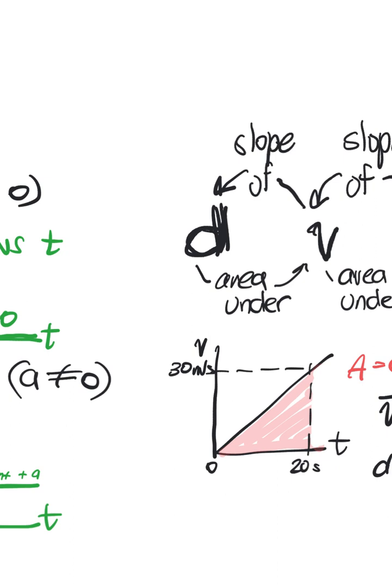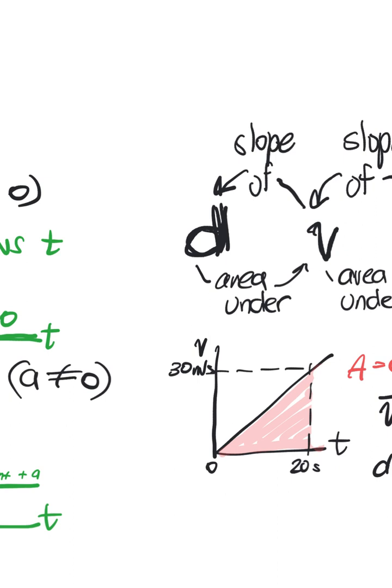Because let's not forget that v equals d over t is the average velocity. And notice that at time zero the velocity is 0, and at time 20, the velocity is 30. So let's follow the same procedure, but try this again. d equals v times t, but that's average velocity.